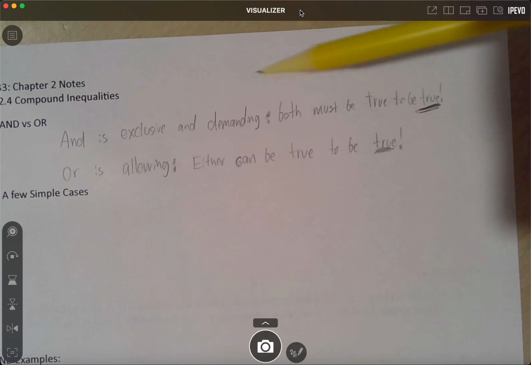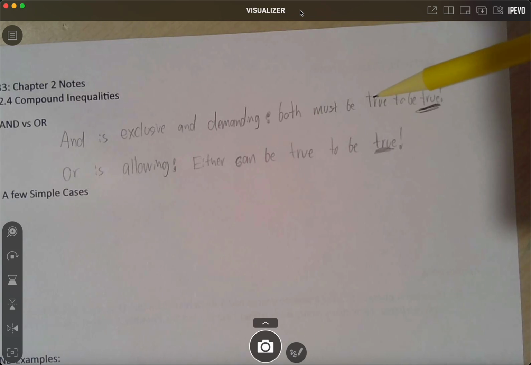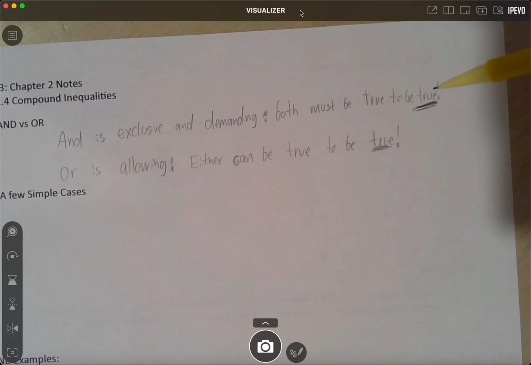So and is demanding, but what does that mean? It means both of the equations must be true for some value to be true together in the final solution. That's why I underlined it. Again, this is a very informal way of saying it, but I think it helps click for the students. It's saying both individual ones must be true to get a true out of the final.